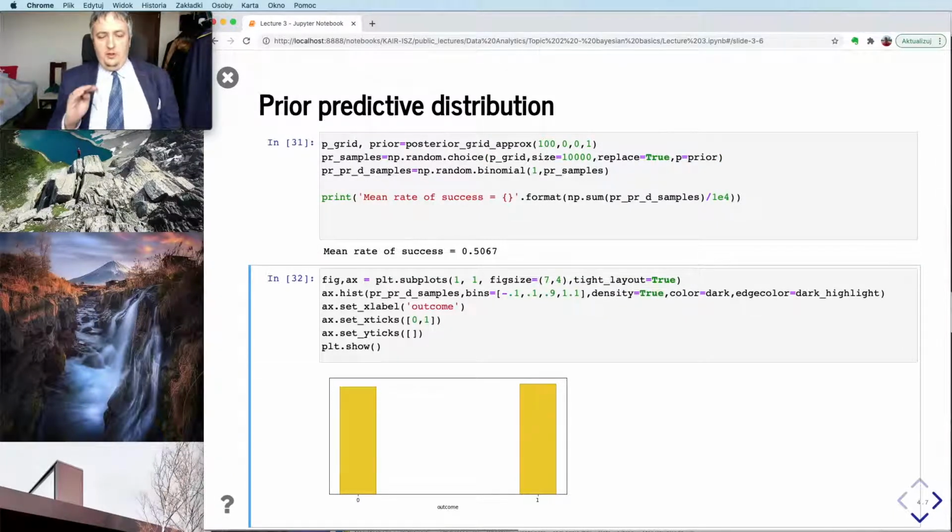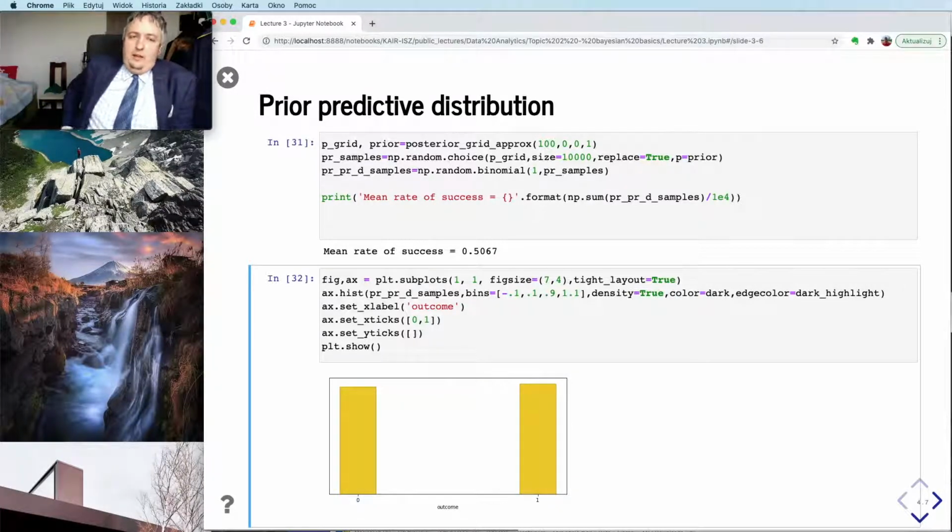So as you can see, we are sampling from the prior and getting values. The prior predictive distribution, if you remember, works like this: we sample values of parameters from the prior, then we feed them to the likelihood, and using the likelihood we sample values of the output. So we are predicting the output based on our prior information, because in the likelihood we don't have any data.